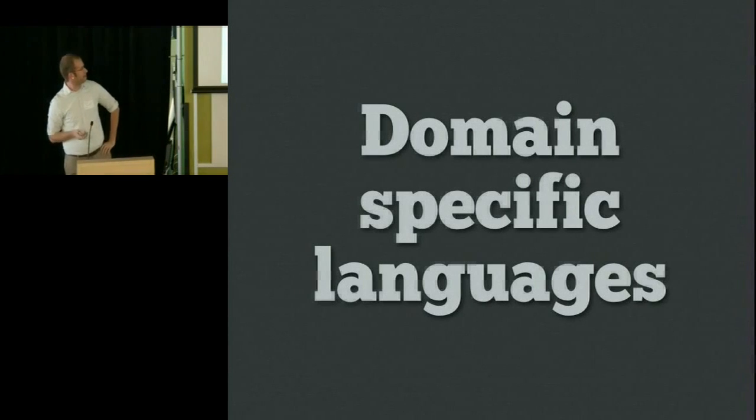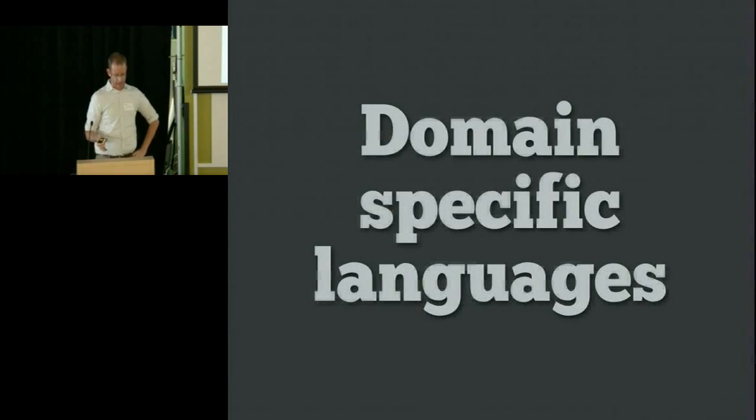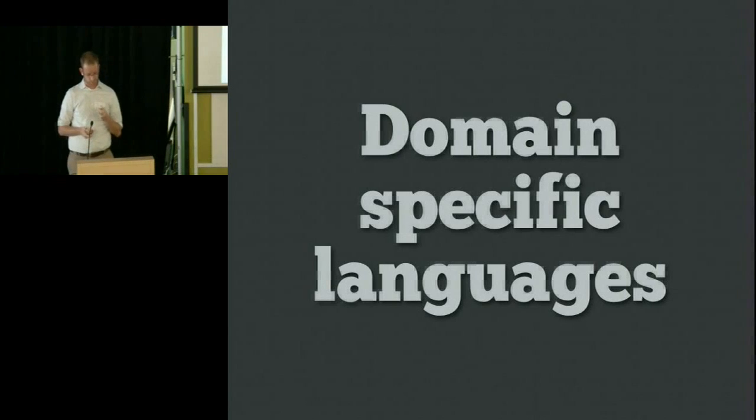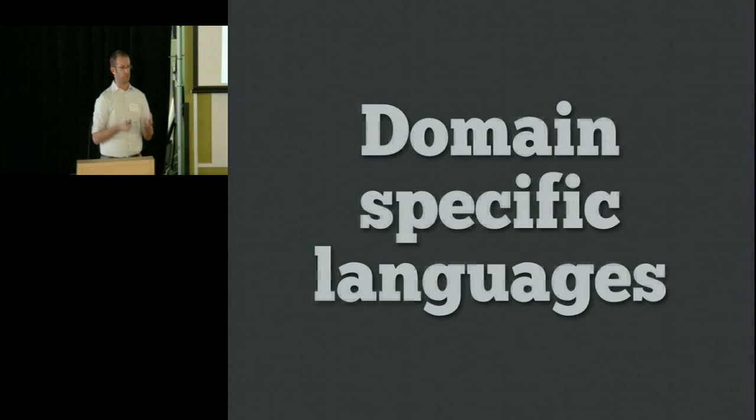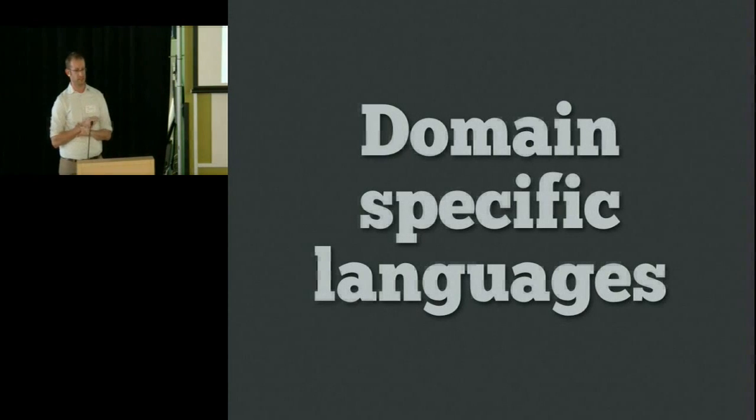But what I want to talk about next is how can we develop domain-specific languages for specific tasks of data analysis. Some people describe R as a DSL for statistics, which I think is wrong. R isn't a domain-specific language. It is a general-purpose programming language.